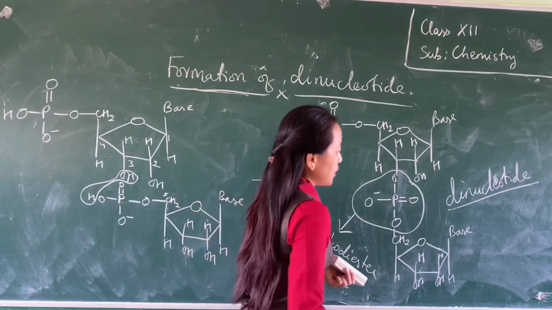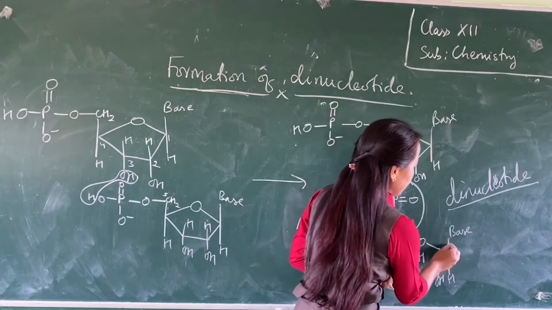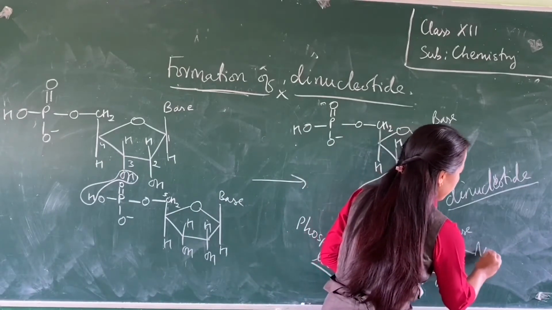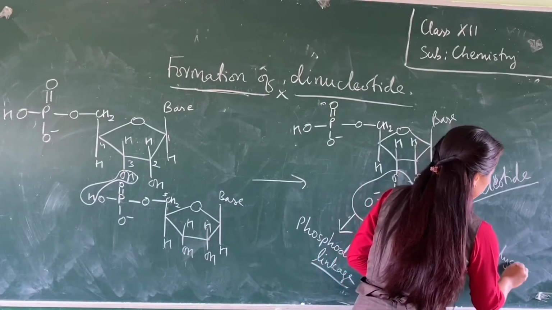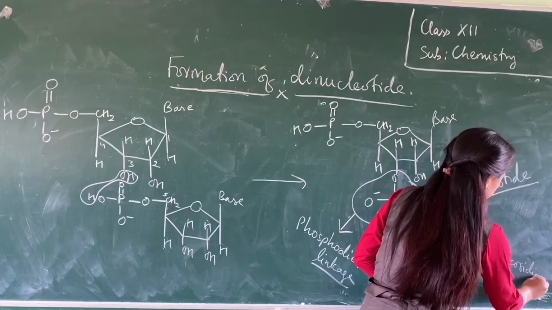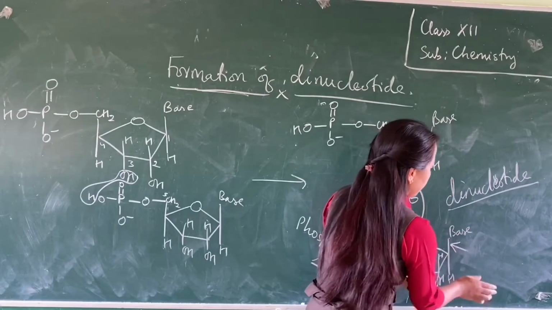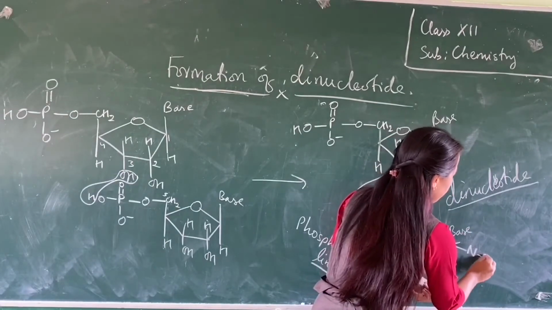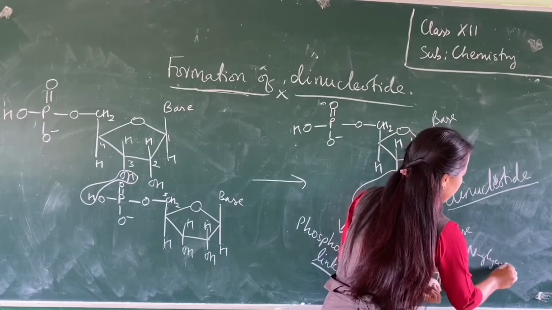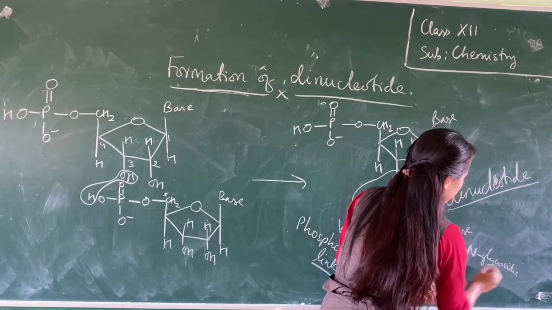And the linkage between the base and the first carbon atom is called N-glycosidic linkage.